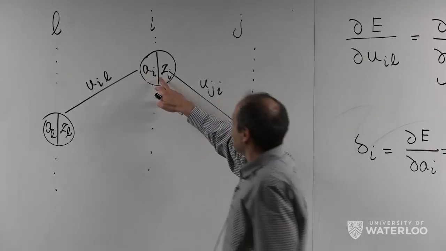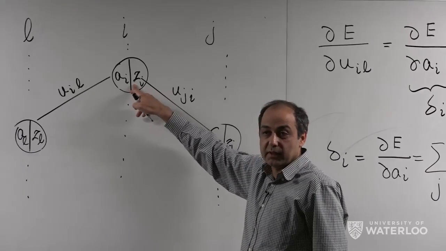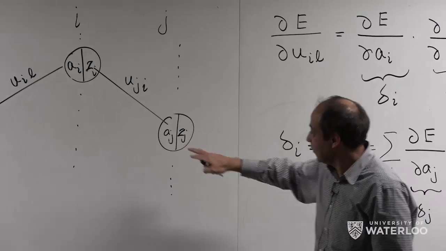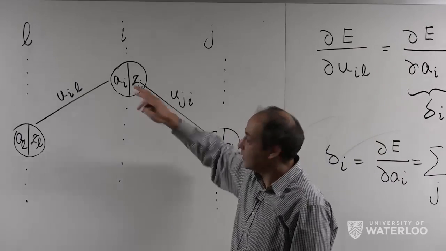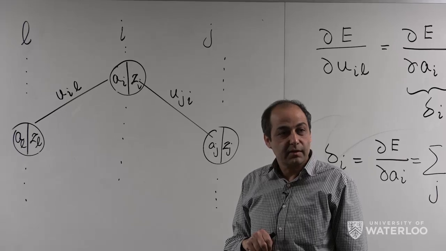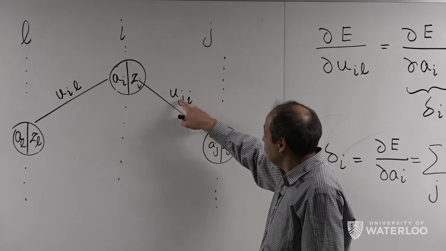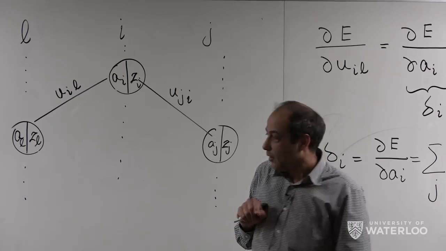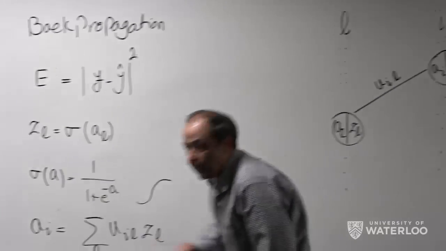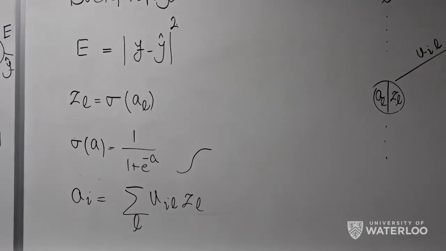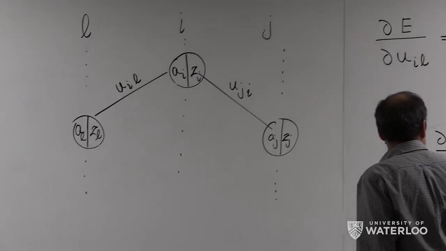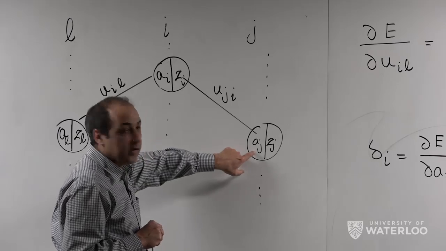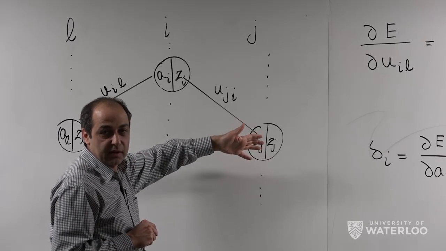So AJ with respect to ZI, what is it? Derivative of AJ with respect to ZI. It's just UJI, right? Don't forget the definition of A. Basically, the question is that if I perturb ZI, how AJ will change.